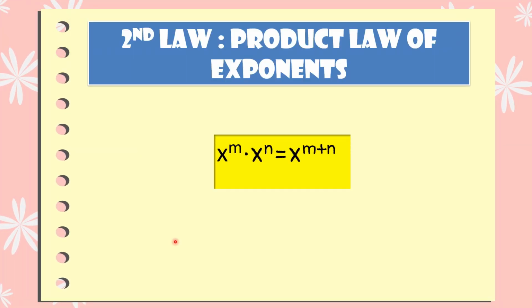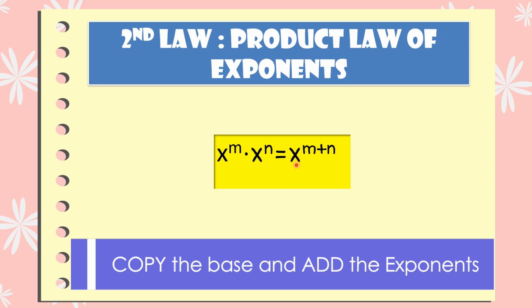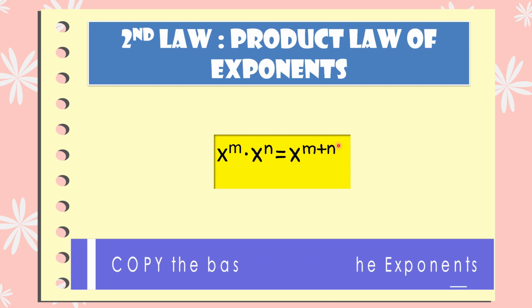The second law of exponent, which is the product law of exponents, states that x raised to m times x raised to n is equal to x raised to m plus n. When you are multiplying expressions of the same base, you just copy the base and simply add the exponents.